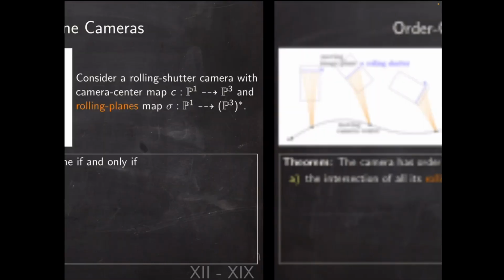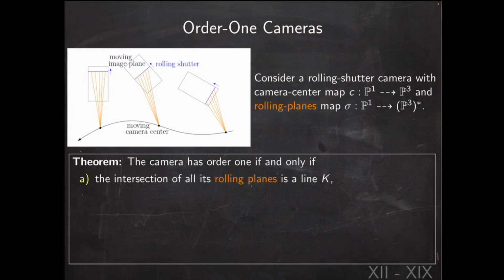And then we can say that the camera has order 1 if and only if some very nice conditions hold. So first of all, over all the times, all the orange planes have to meet in a common line. I'm going to call this line K. It's very important to give that thing a name.